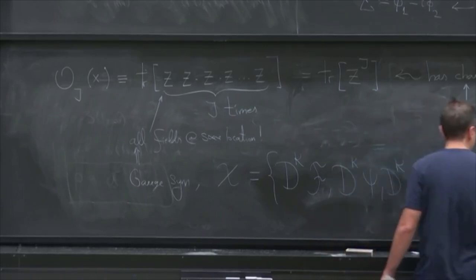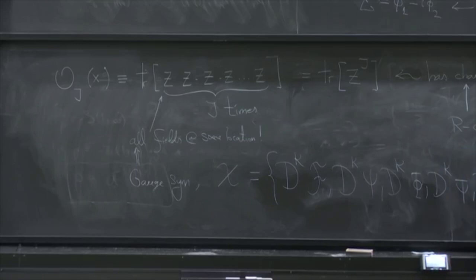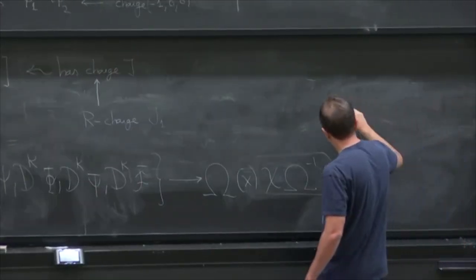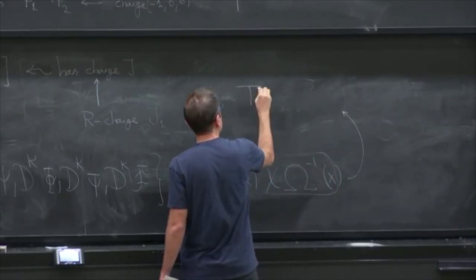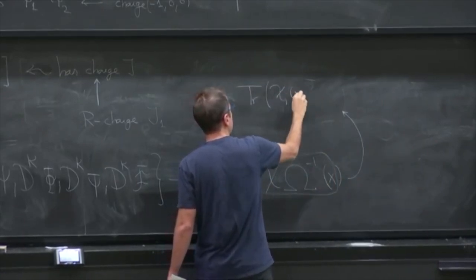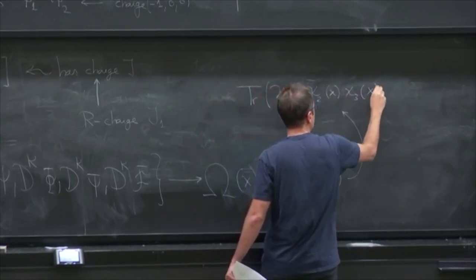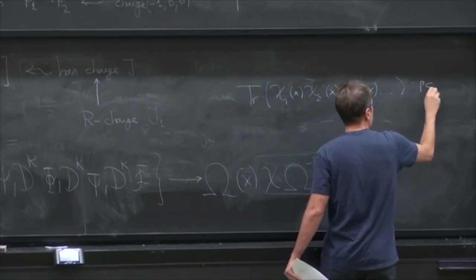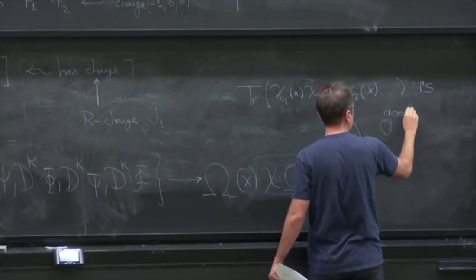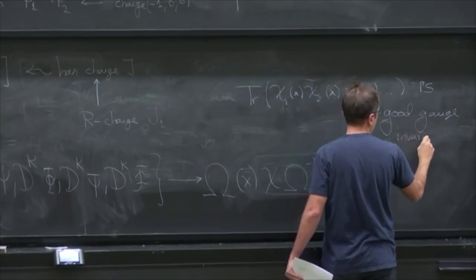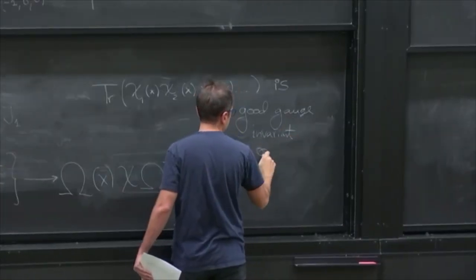Any of these fields transforms under omega of x times chi times omega minus 1 of x. And so gauge invariant operators: the trace of one such field at position x times another field at position x times another field at position x, dot dot dot, is a good gauge invariant operator.